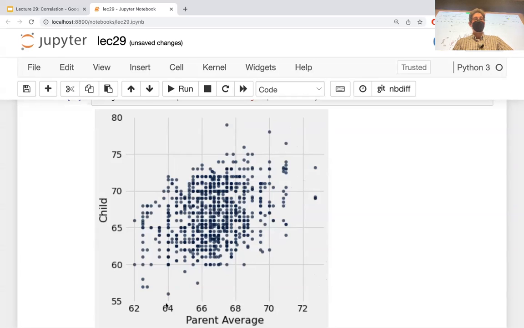And when the parent average is low, then the child average is on the lower side, though with a huge amount of variability. So you can't measure the parents and figure out how tall their kids are going to be because most people end up somewhere in the middle. And then for any given height, there's just a massive amount of variability in how tall the children are. That's just how humans work.